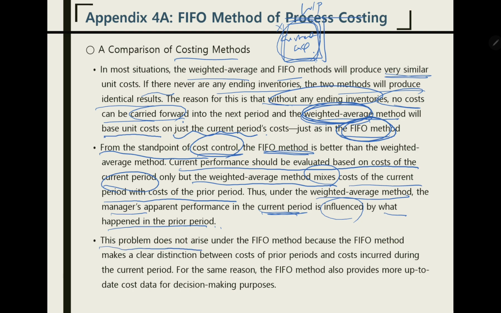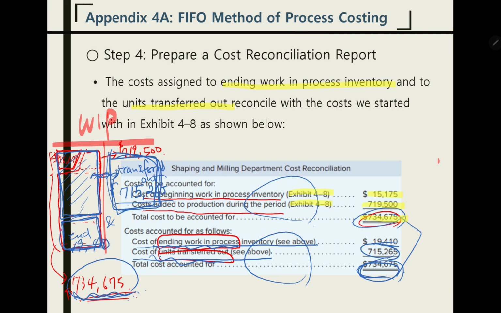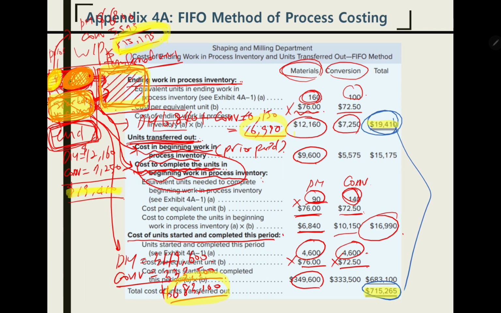This problem does not arise under the FIFO method because the FIFO method makes a clear distinction between cost of the prior period and cost incurred during the current period, right? So we clearly make a distinction between the cost made in the prior period and the cost made in this period, okay?